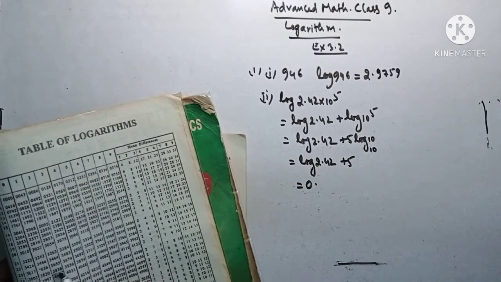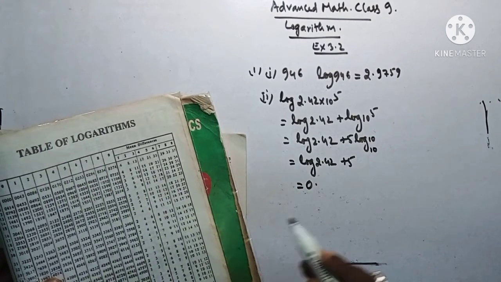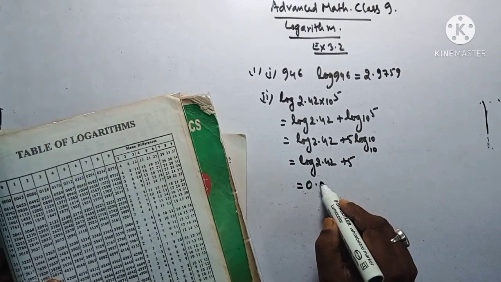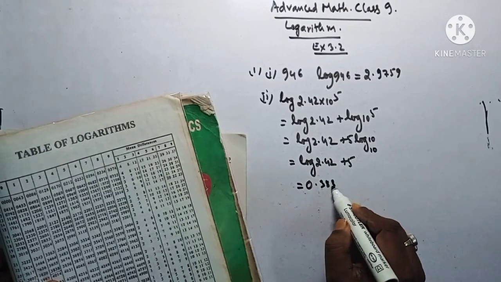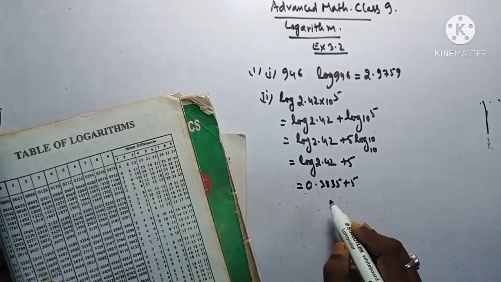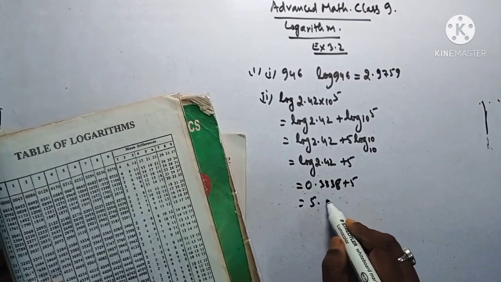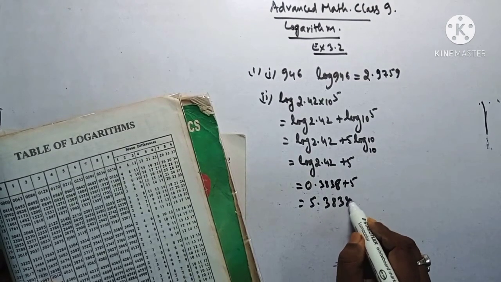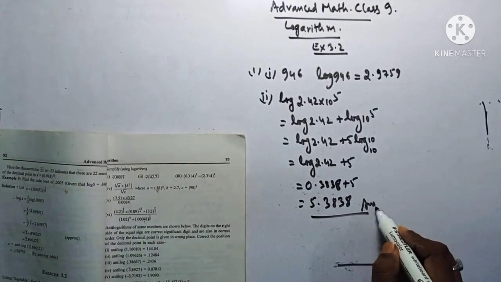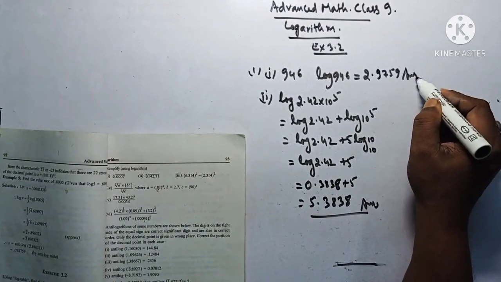This is 24, and your 2 is in the column written after. So it is 3838, plus 5, so this will be equal to 5.3838. Yes, this is your answer.